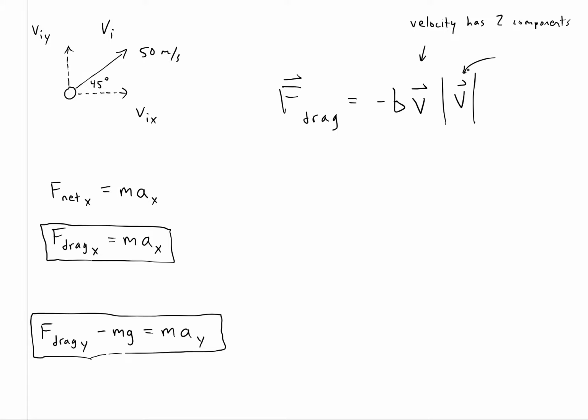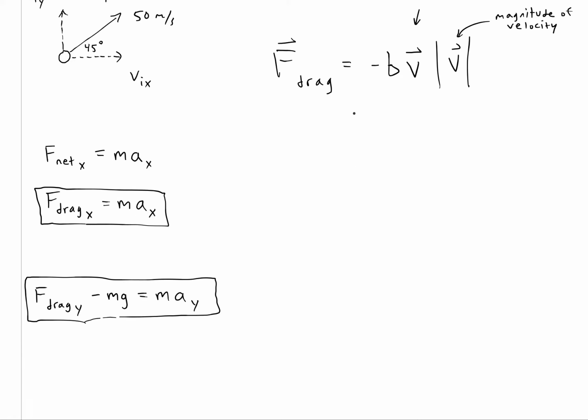But this is a magnitude of velocity, which is the speed. So it just has a single scalar number. So if I were to rewrite it, you could say that F drag equals negative b times some vx in the i direction and some vy in the j direction.